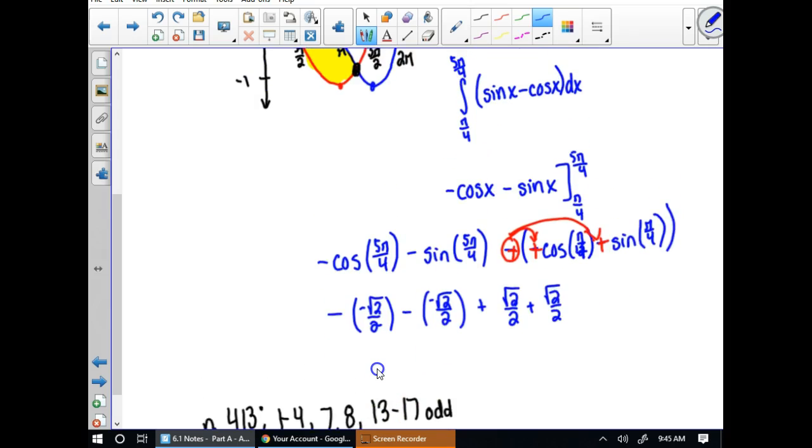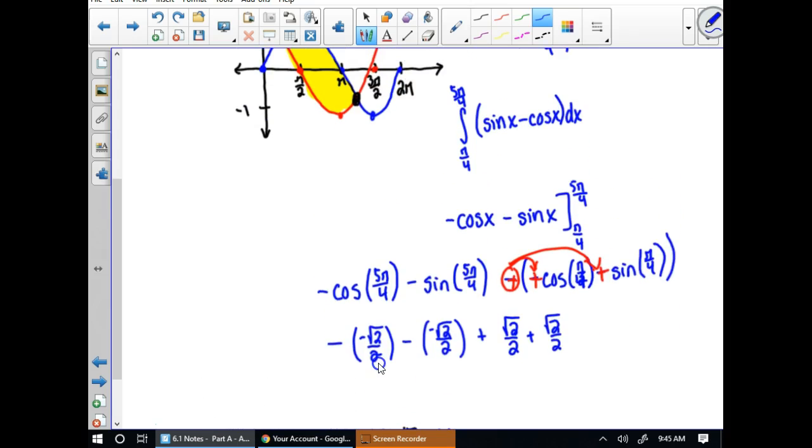And so right here, these double negatives are going to cancel out. Right? So we really just have root 2 over 2 four times. So we've got 4 times root 2 over 2, which is going to be 2 times the square root of 2. So the area of every little section there would be 2 root 2.